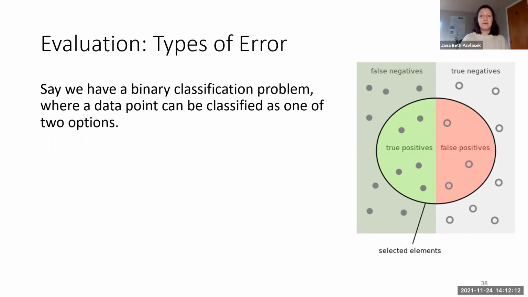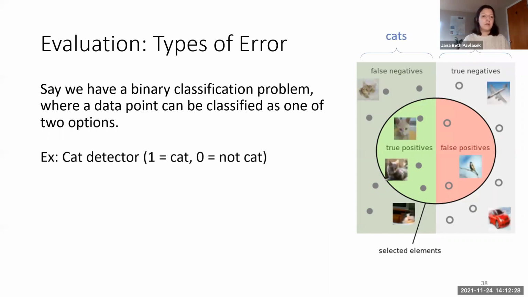So let's say we have a binary classification problem where we can either classify something as true or false. For example, a cat detector where we can classify something as a cat or as not a cat.